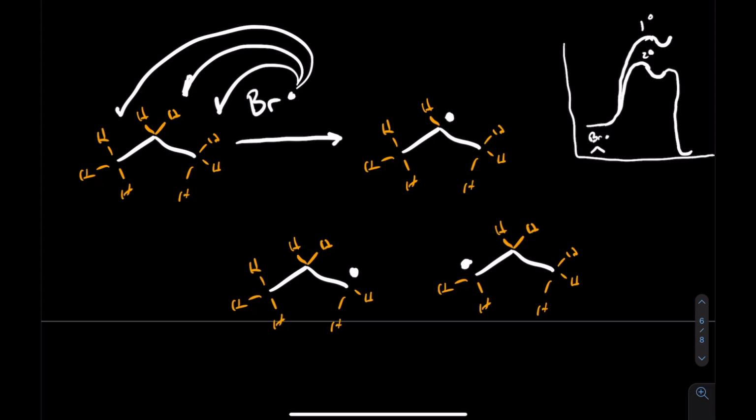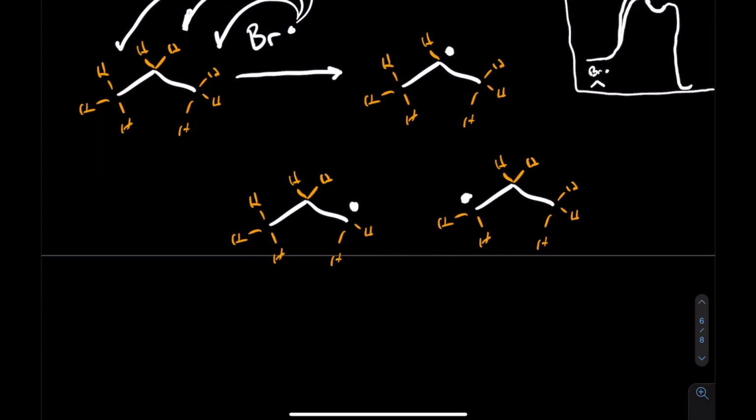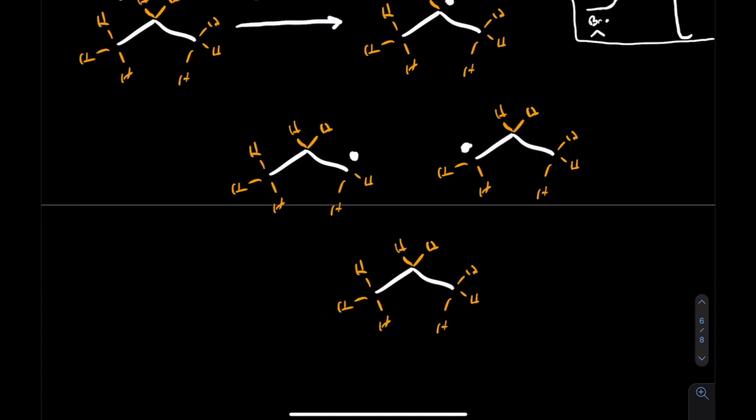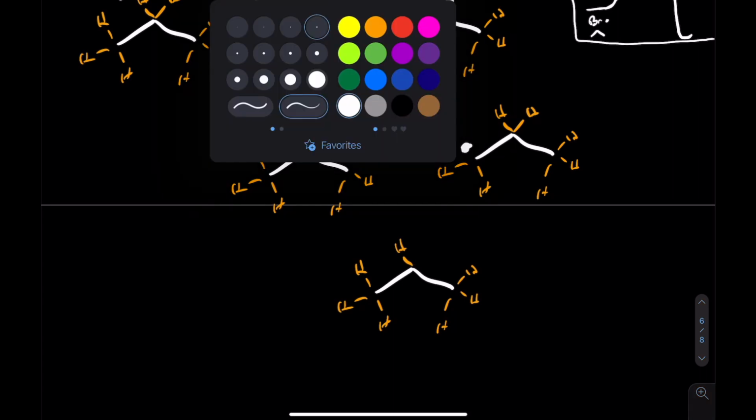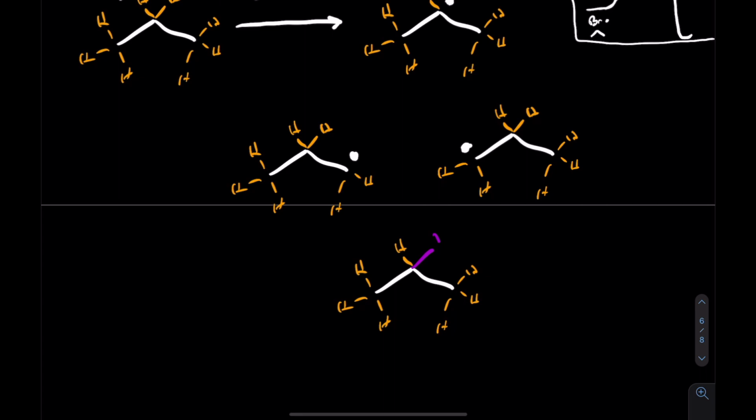And your final product is going to be either this, where you now have a Br coming off of here, or this, where you now have a Br coming off of here.